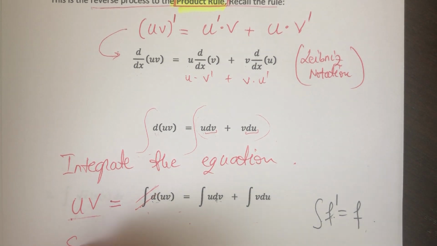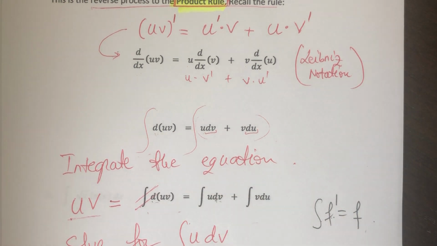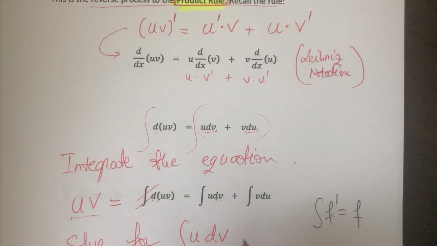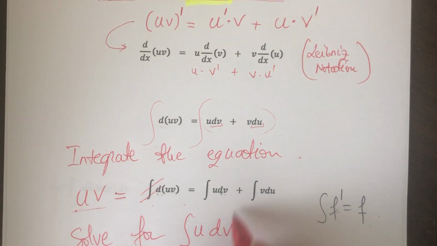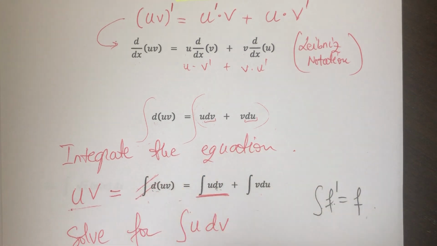So what we're going to do is now solve for the integral of u dv, and that's also really maybe why we left it that way. So you leave the first one alone, take the derivative of the second one. So to solve for this term here simply means to do what? Minus this guy over.